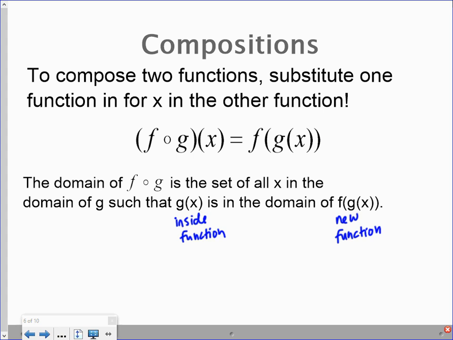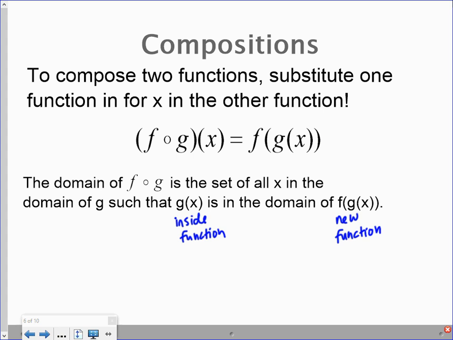So sometimes you have a bigger domain for g, and then when you start doing compositions, your domain gets smaller and smaller because of whatever the functions are. Other times, g is a function that has some kind of restrictions, and then even though your new function has a bigger domain, because g was what you had to start with, it was your inside function, it limits everything else.